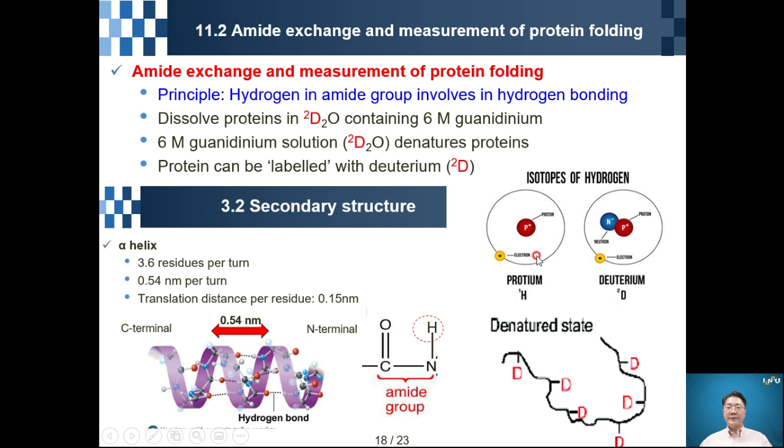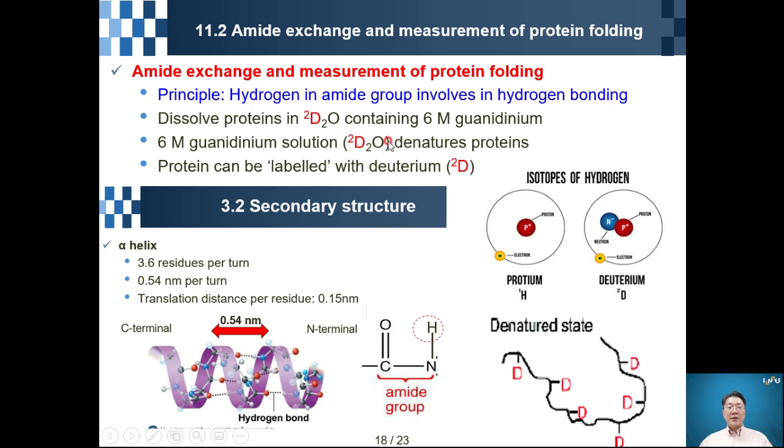However, there is another isotope available. In addition to the proton, it has a neutron. That's why we call it deuterium, we write D, and the molecular mass is 2.